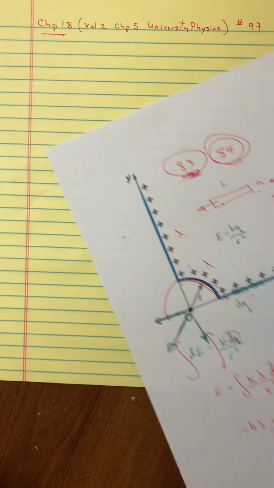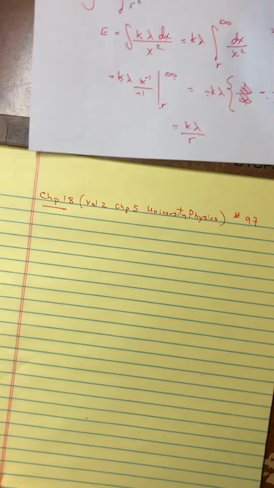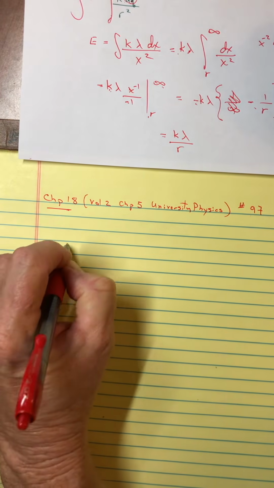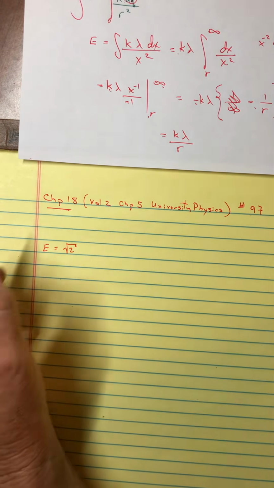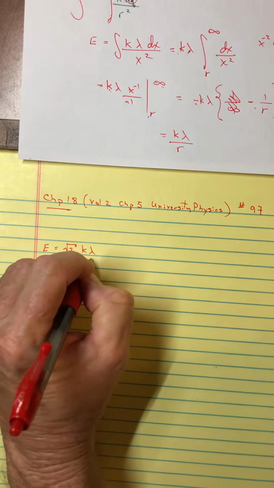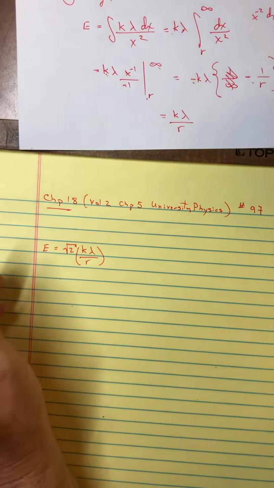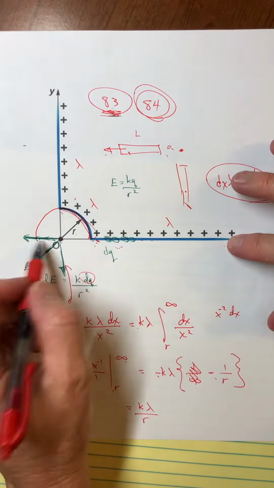So right now, the value of the electric field is the square root of 2 times the electric field I get from just one of them.